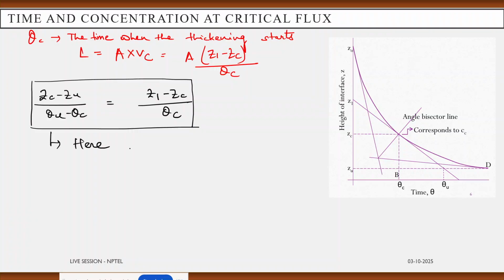Here ZU can be easily noted from this, and we have to calculate the theta u part.